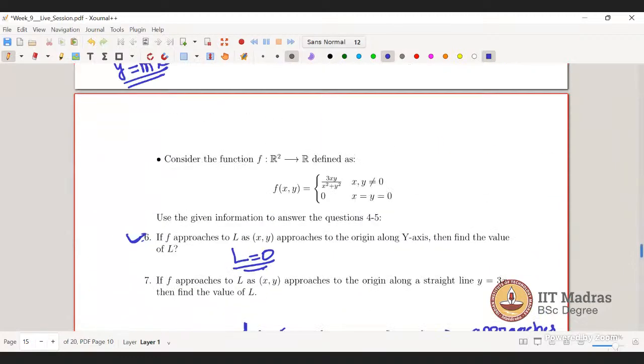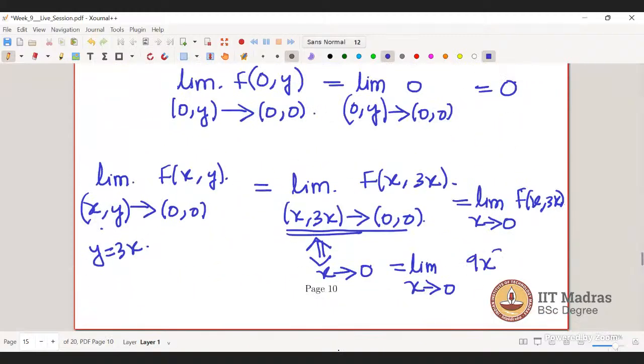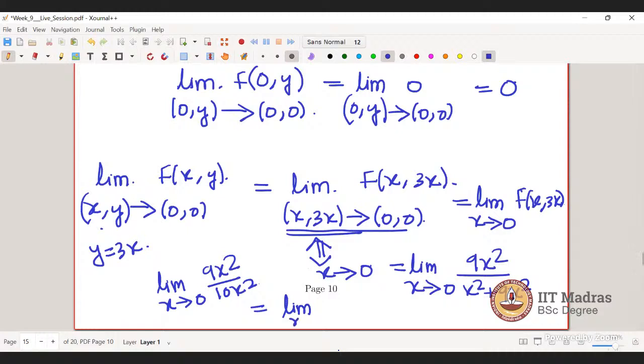This is 9x square by x square plus 9x square. So this is nothing but limit x tends to 0 of 9x square by 10x square, right? And I can cancel x square. 9 by 10. So then it's basically 9 by 10.